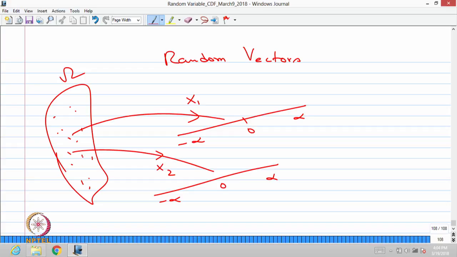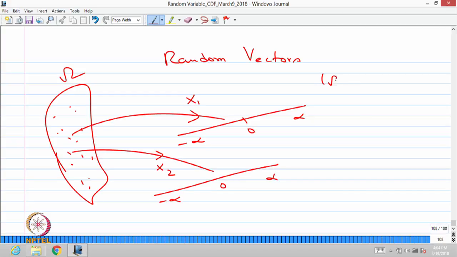Like that, there are many more random variables defined on the omega, each a real valued function from omega to R satisfying the condition that x inverse of the semi-closed interval minus infinity to small x belongs to F. Then only the real valued function is a random variable.